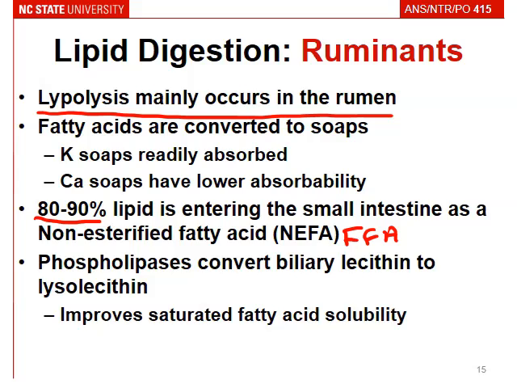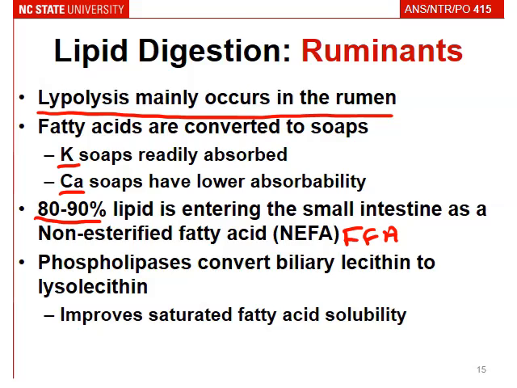Our fatty acids are also converted to soaps because we have a lot of ions within the rumen. Those non-esterified fatty acids are better able to interact. That acid component on the carboxyl end of the fatty acid is able to interact with the ions, so we have potassium and calcium interacting.